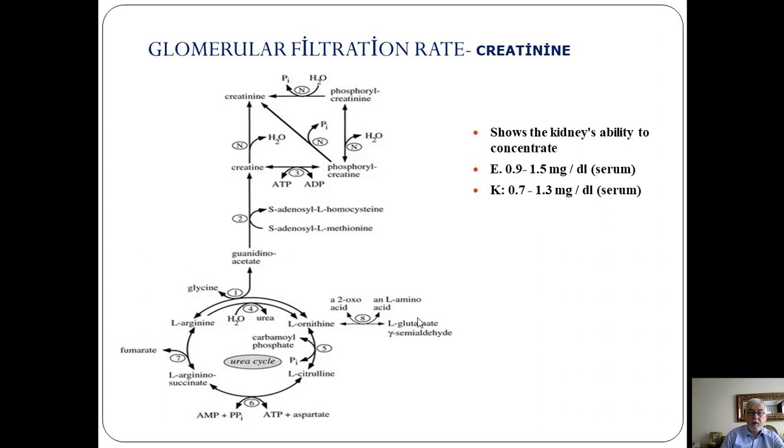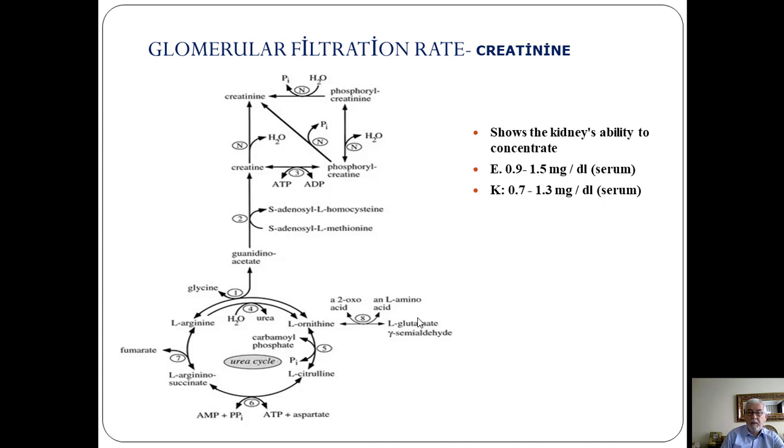After that, this molecule turns to creatinine in muscle. Creatinine shows the kidney's ability to concentrate, and this concentration depends on age and gender and some different problems.